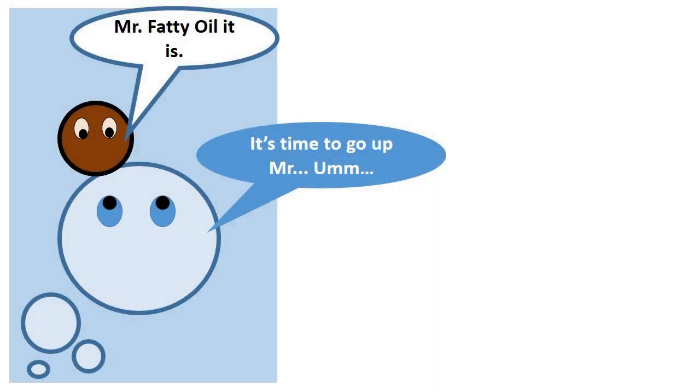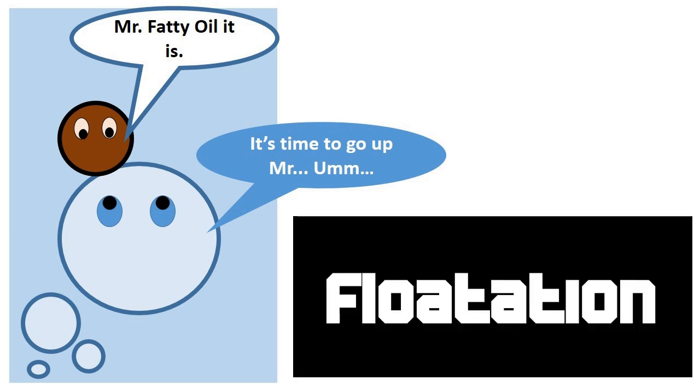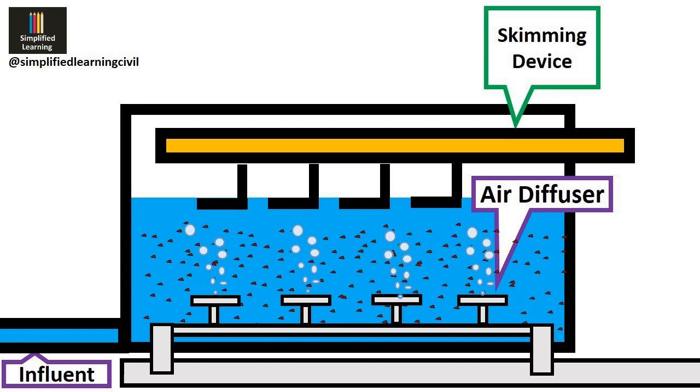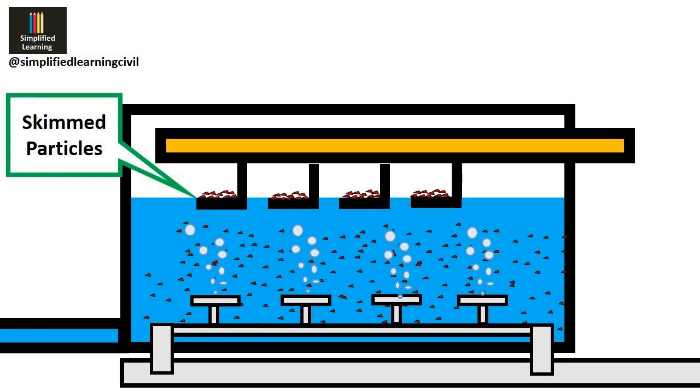If we need to separate solids or liquids from wastewater, we go for the process of flotation. In this process, air diffusion is done and the air bubbles attach themselves to solid or liquid particles and bring them onto the surface. The upper surface is then skimmed off and the effluent progresses toward further units.